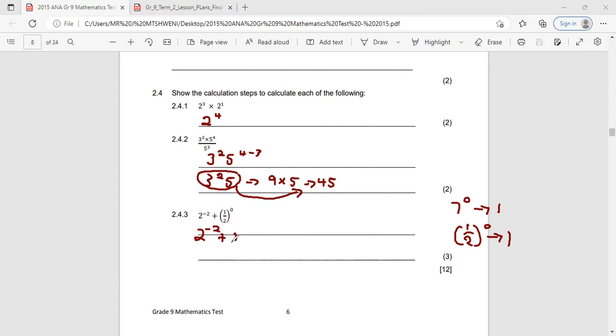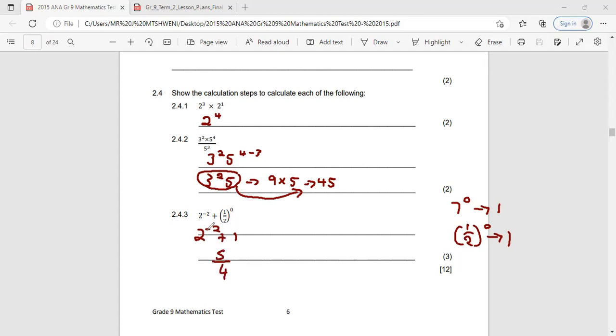2 to exponent what? Negative 2. Now remember here, it's not just exponents, but also integers, because we're dealing with numbers. So 2 to exponent negative 2 plus 1, what do we get? We'll get 5 over 4.